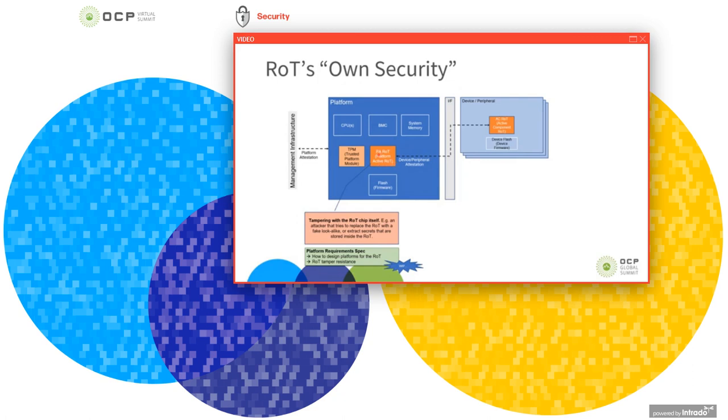It can try to replace it with a fake lookalike, or it can try to physically extract secrets from it, etc. All of these will be addressed in the spec for the platform requirements, which basically gives guidance to system designers, platform designers, on how to design the platform the right way to accommodate having an RoT on it, and also for whoever will manufacture RoT component chips, what kind of tamper resistance they need to implement.